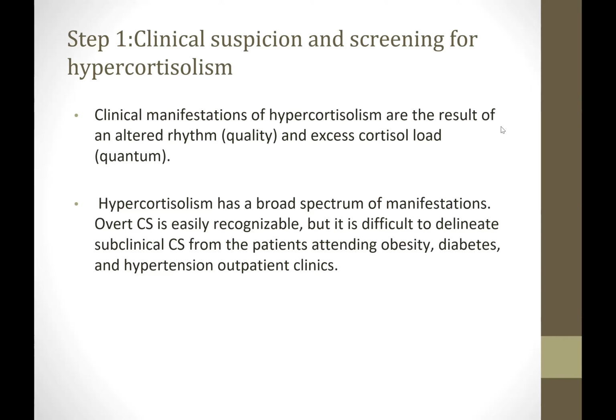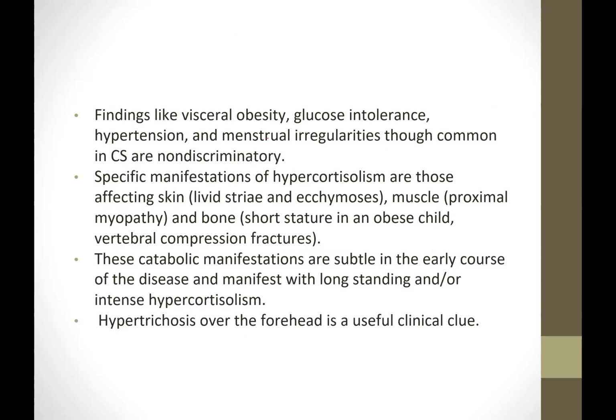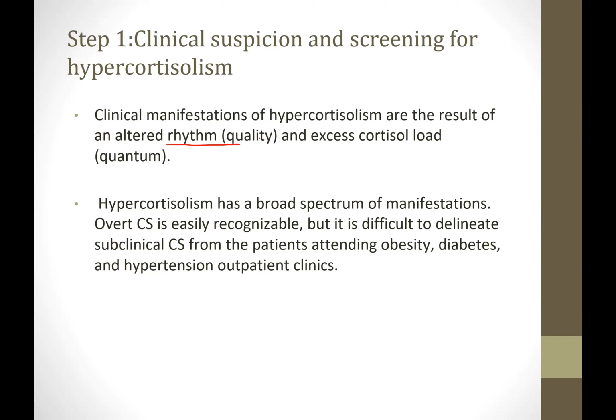Clinical manifestations of hypercortisolism are the result of an altered rhythm, that is quality, and excess cortisol load, that is quantum. Hypercortisolism has a broad spectrum of manifestation. Overt Cushing syndrome is easily recognizable, but it is difficult to delineate subclinical Cushing syndrome from the patients attending obesity, diabetes, and hypertension outpatient clinics.